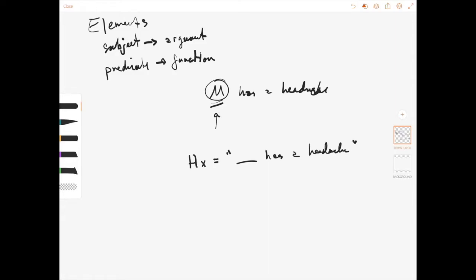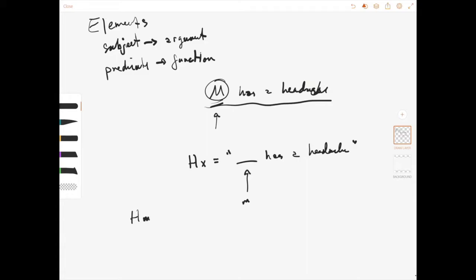So, as we said in the previous tutorial, if we treat this as a function, then we can put a value into that function. In this case, we're going to put the value into the function to generate the complete proposition, Matthew has a headache. So we would write that as h of m.